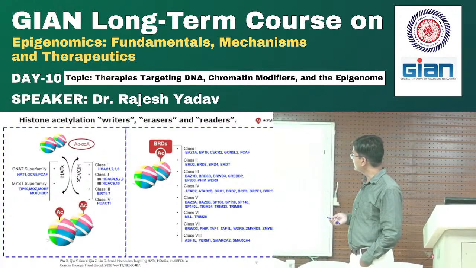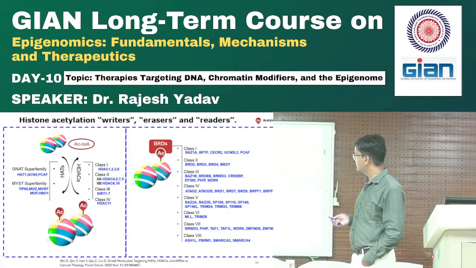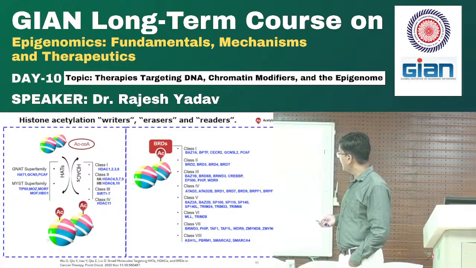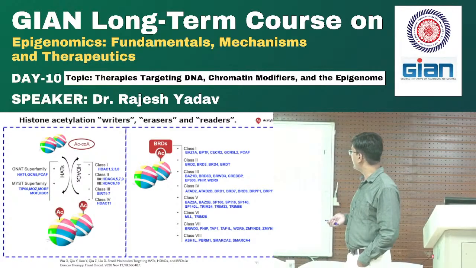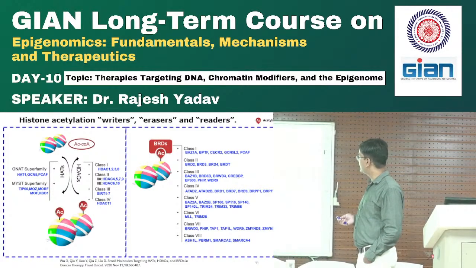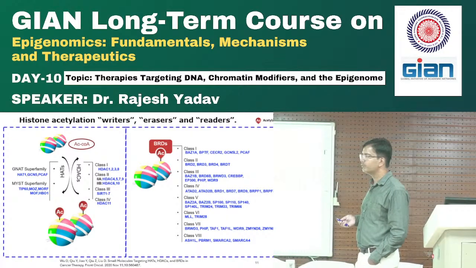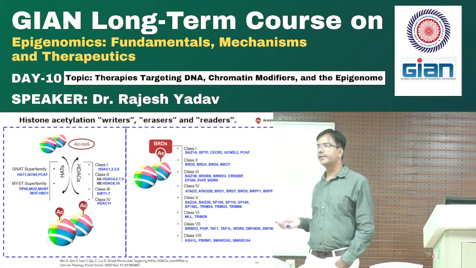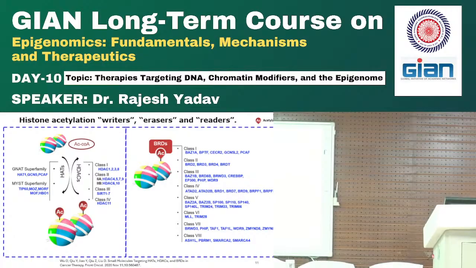You need acetyl CoA, and also the enzymes which remove these modifications. So you have to focus on either HAT or HDAC, and then to bind this modification you have reader proteins. Among the reader proteins you have different classes, and the best known in the literature are the BRD4 and BRD2 inhibitors. Those inhibitors have gone to clinical trials.